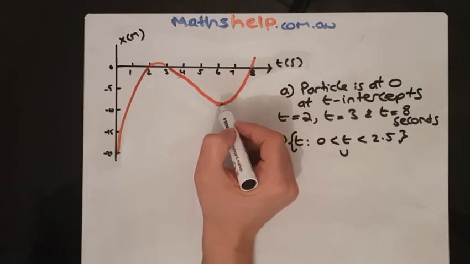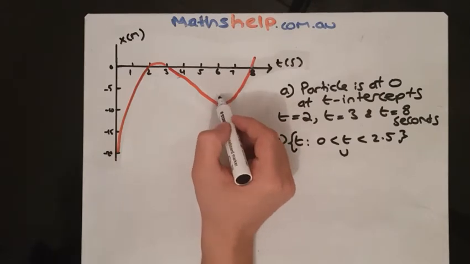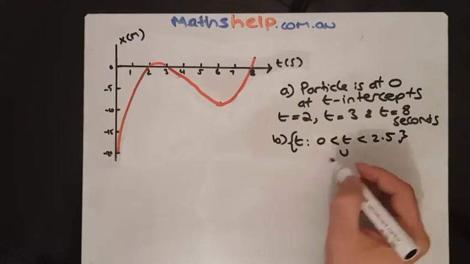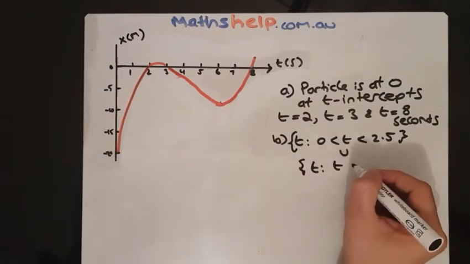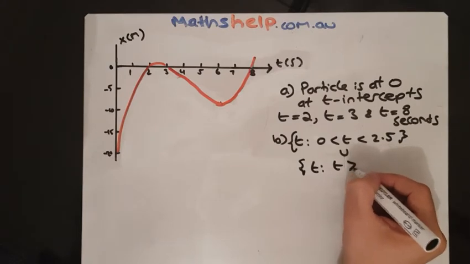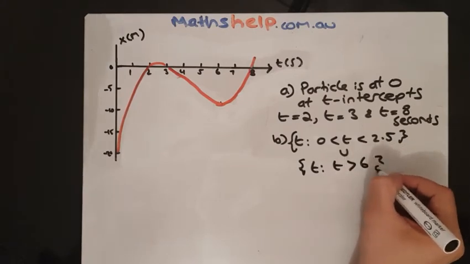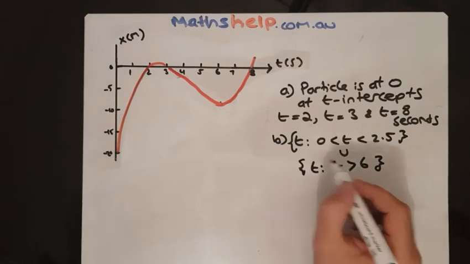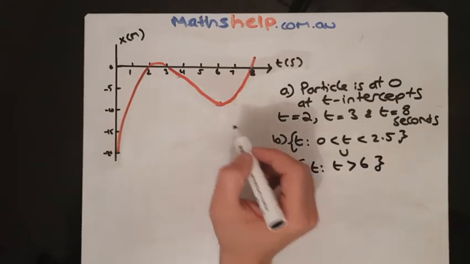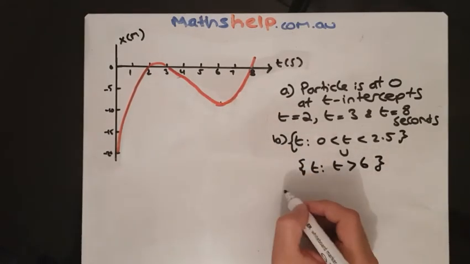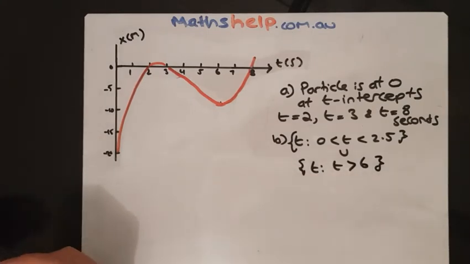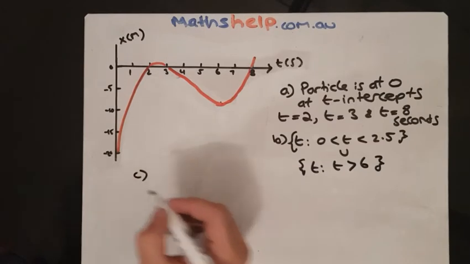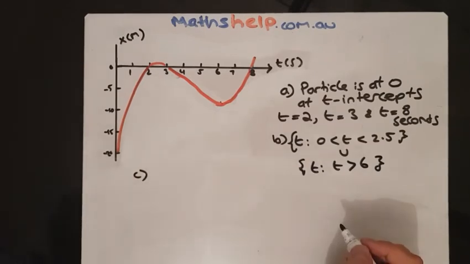Here our value is going to be 6, so when t is larger than 6. In these two intervals we have a positive gradient, which means the particle is moving towards the right.